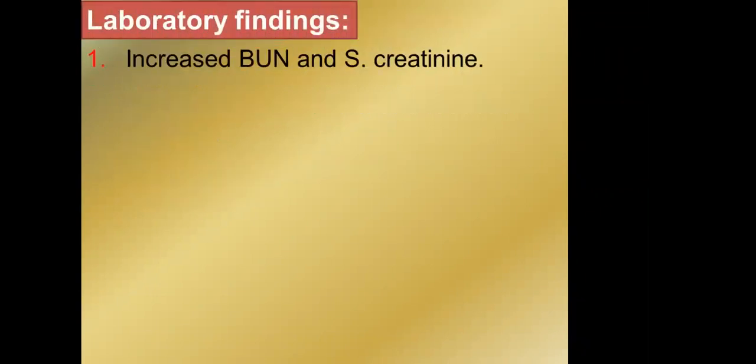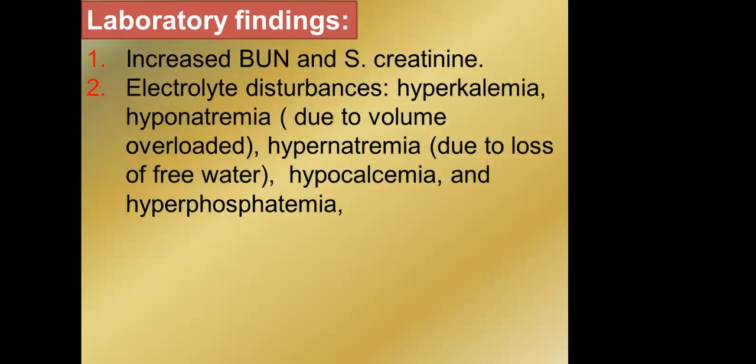During the laboratory workup, we find increased blood urea nitrogen and serum creatinine due to the reduction in renal function, and electrolyte disturbance, including hyperkalemia, which is very risky and fatal, as we discussed in acute kidney injury.